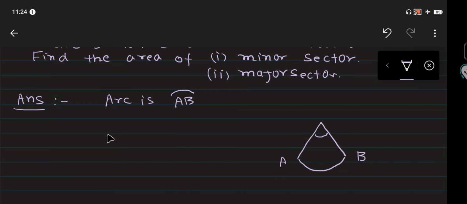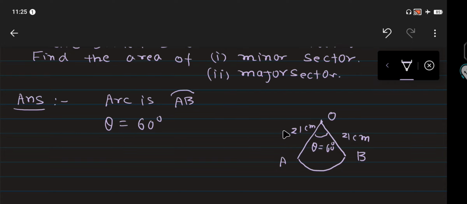It means the central angle theta will be 60 degrees, and the radius is given, 21 centimeter. So this will be 21 centimeter and this will also be 21 centimeter.